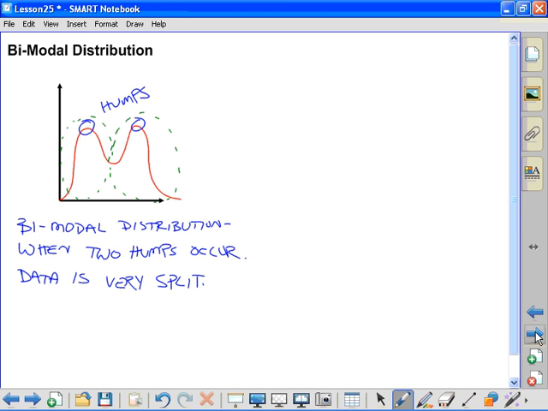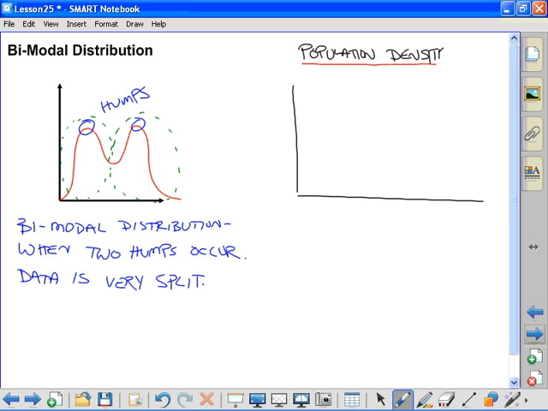Now, here's the trickiest part when dealing with continuous distributions. It's a density, population density. So here is the shift in thinking when we're dealing with a probability distribution. Give yourself XY axes and a graph, something big enough that we can draw under.